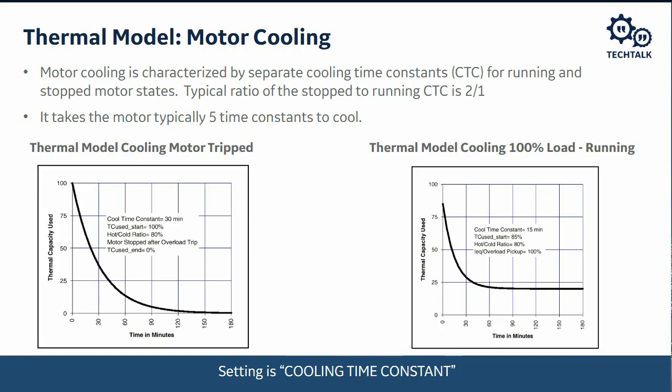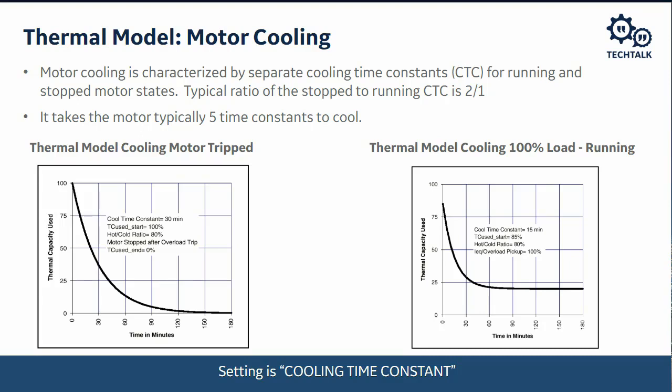And so what we could do is, if we have RTDs in the stator of the motor, we could run the motor and stop it and see how long it takes to cool to the steady state or cool to ambient. And then that would give us an idea of cooling time for the motor stopped.